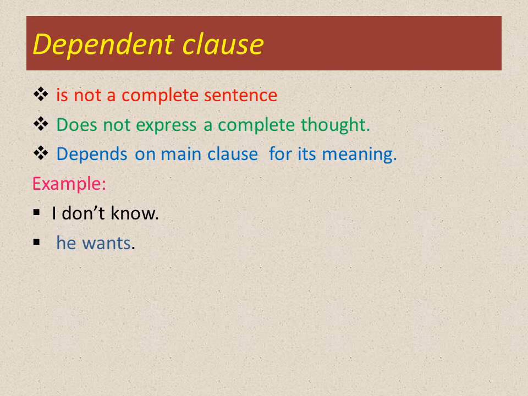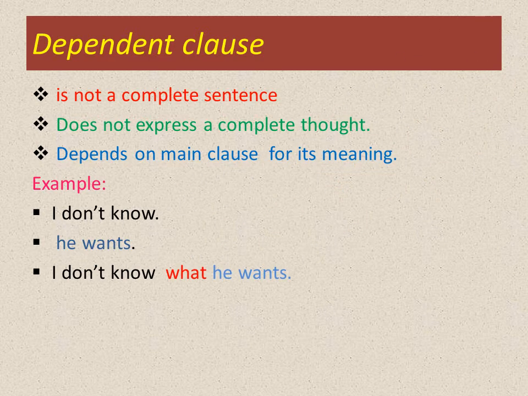If we want to give a complete meaning to this subordinate clause, what we have to do? We have to join this dependent clause with the main clause. Let us see that. I don't know what he wants.